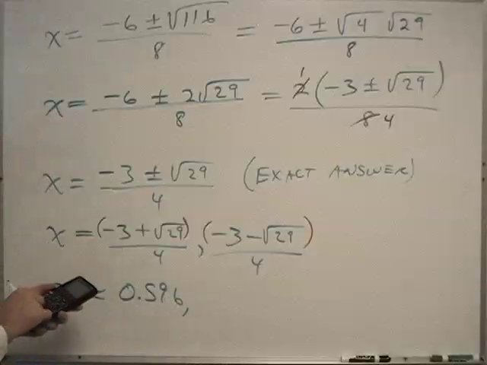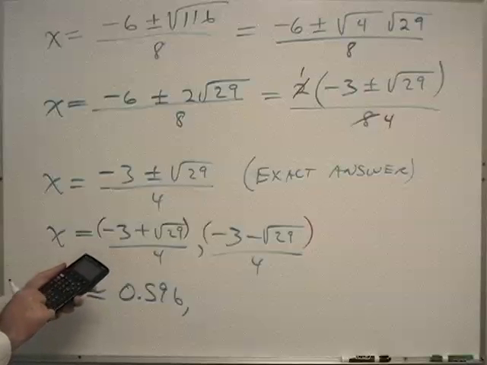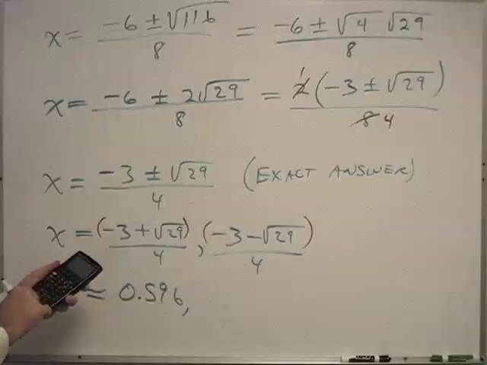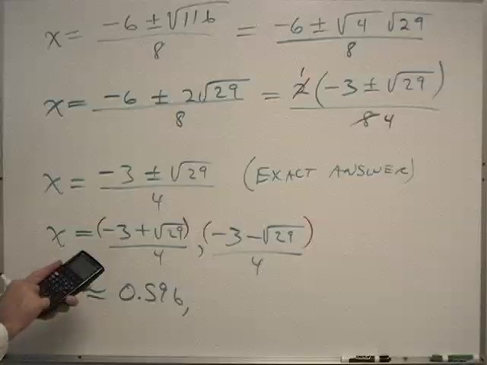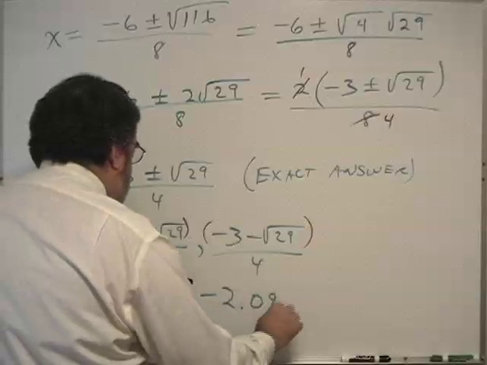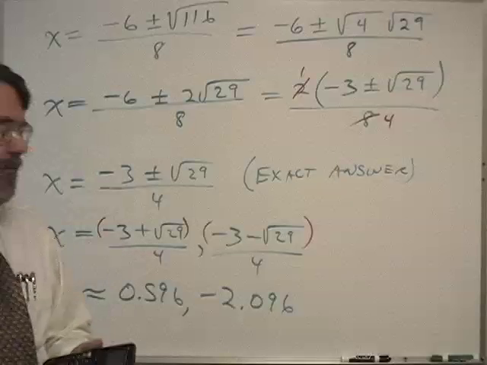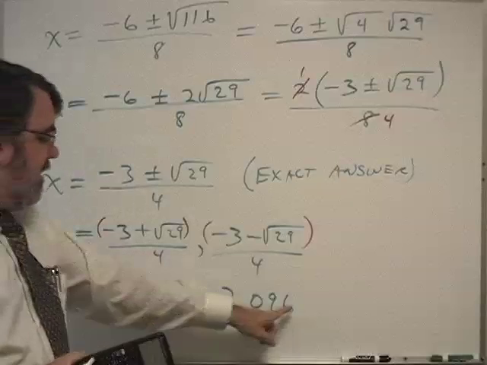And on the other one, here's how I'm punching it. Left parentheses, -3 minus square root 29, right parentheses, divided by 4, enter, or equal, -2.096. Neither of these needed to be rounded up because the next decimal was a 2.